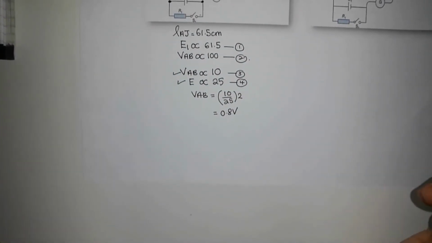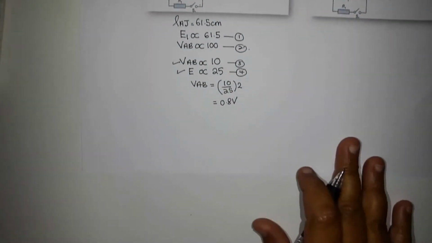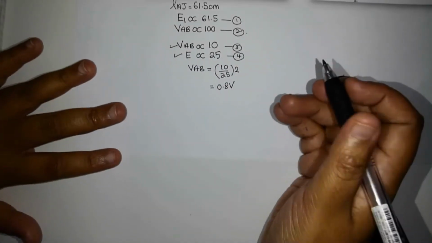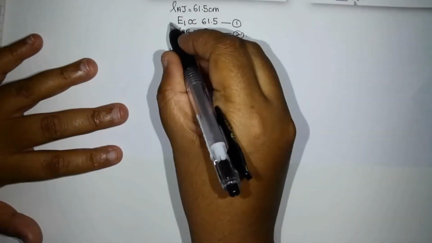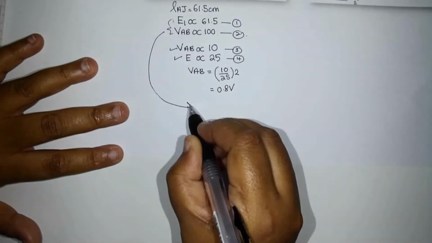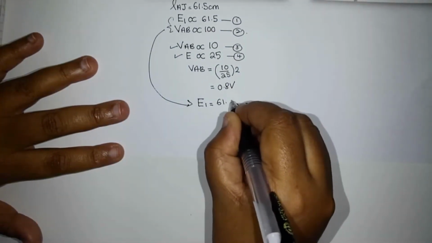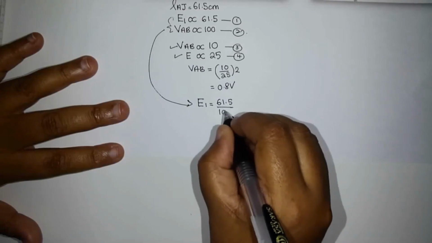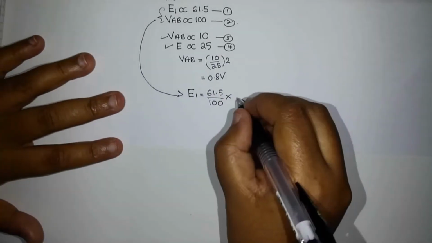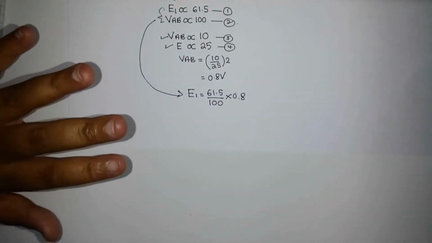But we haven't finished yet. We are supposed to find what? We are supposed to find the EMF of the cell E1. So therefore, from this, E1 is equals to 61.5 over 100 times 0.8.